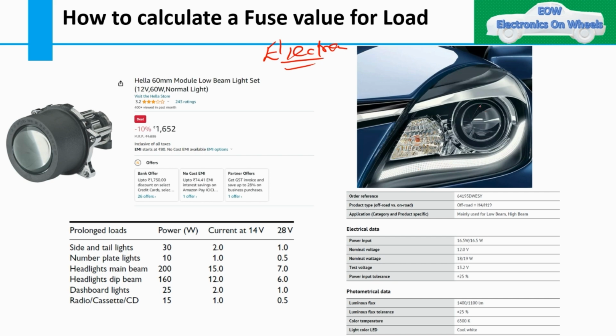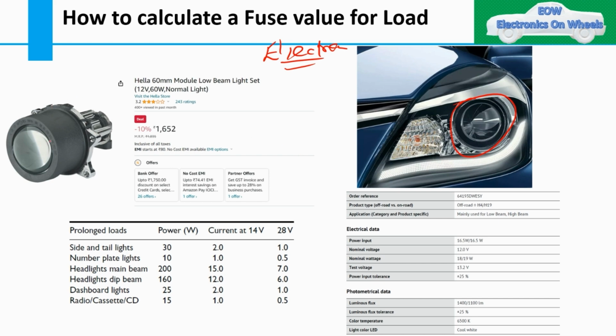Suppose your headlamp has some problem, and you want to check what particular fuse value should be there. The headlamp is one of the electrical loads in the car. So we will take this example and derive the fuse value from it.